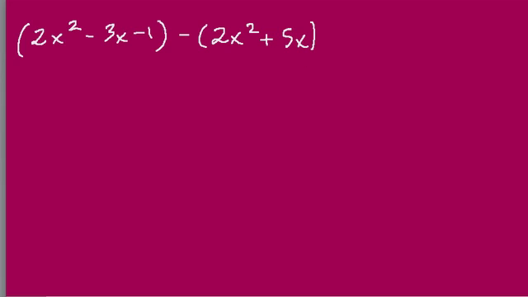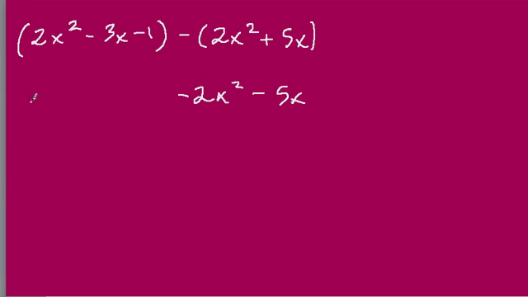And the way I think about that is, if here we're taking 2x squared away, we can think of this as minus 2x squared. And then we're taking 5x away, so I can think of that as just subtracting 5x. So in other words, we had a positive 2x squared and a positive 5x, which are now switched to minus 2x squared and minus 5x.